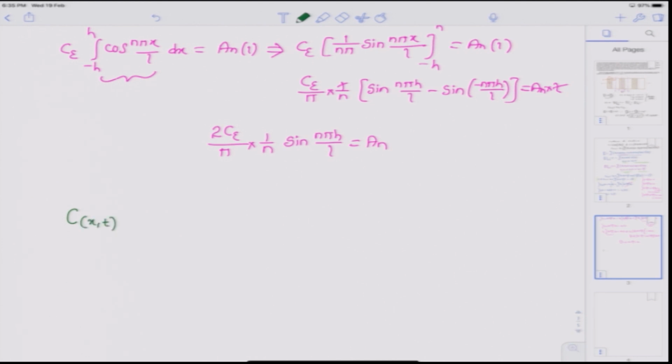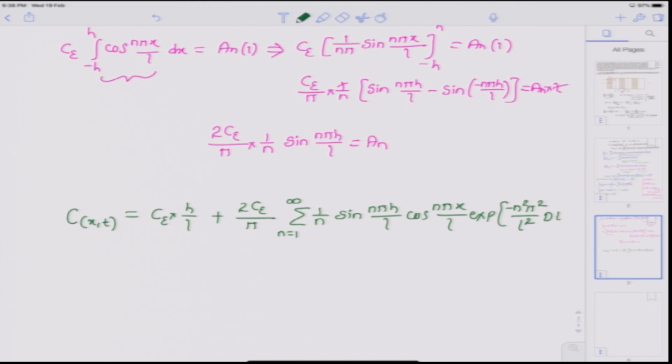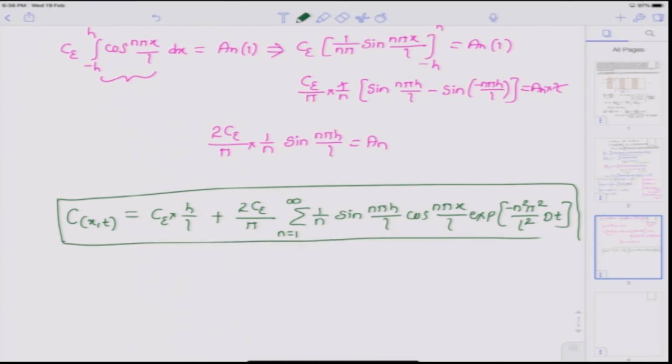C of x,t is equal to a0, which is C epsilon times h by L, plus 2 C epsilon over pi, summation over n equal to 1 to infinity of 1 by n sine of n pi h by L into cos of n pi x by L times exponential minus n square pi square by L square times Dt. So, this is the solution that we have obtained.